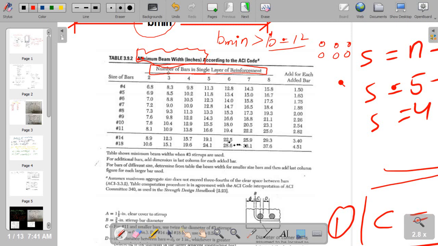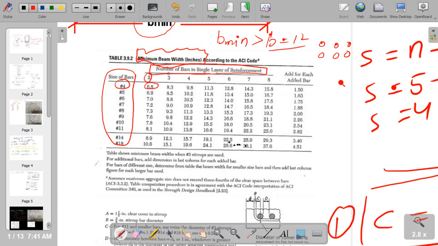So here you can see the number of bars in a single layer. If we have a single layer of bars, this is my bar designation. That is, if you are placing, let's say, number 4 bars in a beam in one layer, and let's say we have 2 bars in one layer, the minimum beam width will be 6.8 inch.